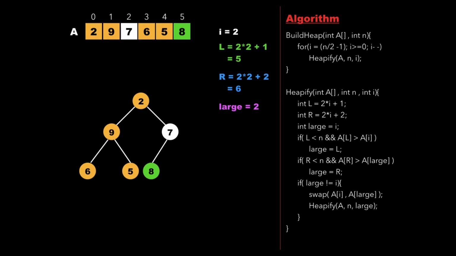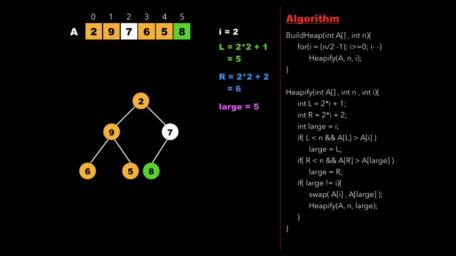And now we check whether the value L is within the bound of the array, that is, the value L is less than n, and if the value present at index L is greater than the value of A of I. If so, then we update the value of large. That is, we check whether 8 is greater than 7, and since 8 is greater than 7, we update the value of large as the index of 8, that is 5.